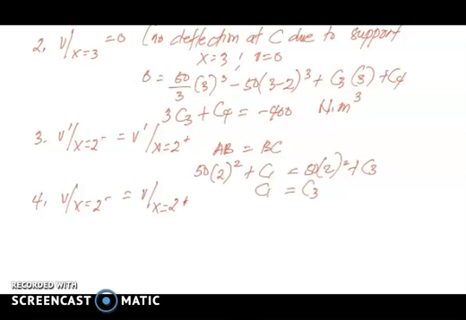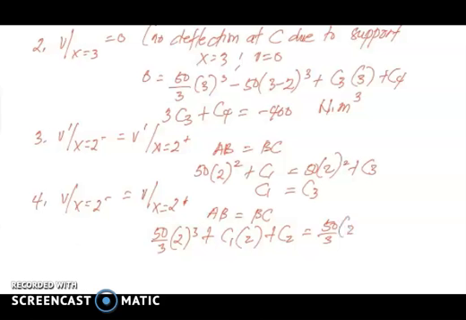So substituting using the deflection equation for segment AB and segment BC, you have AB is equal to BC. Substitute the value for x, which is 2: 50 all over 3 times 2 raised to the third plus c sub 1 times 2 plus c sub 2 is equal to 50 all over 3 times 2 raised to the third plus c sub 3 times 2 plus c sub 4.